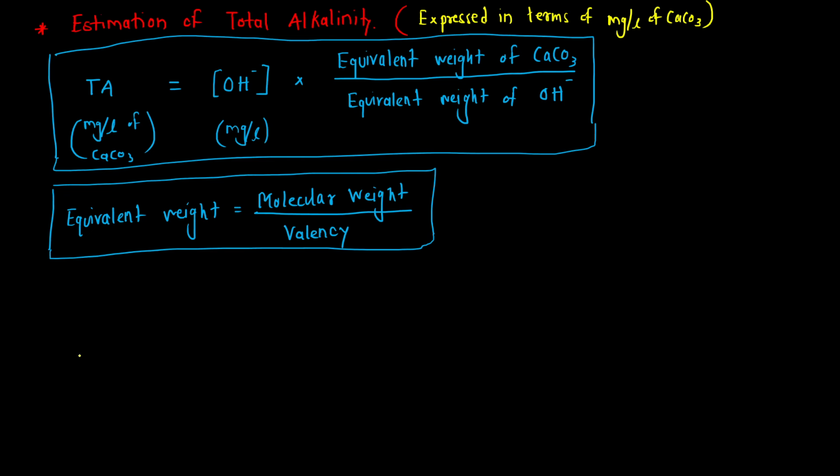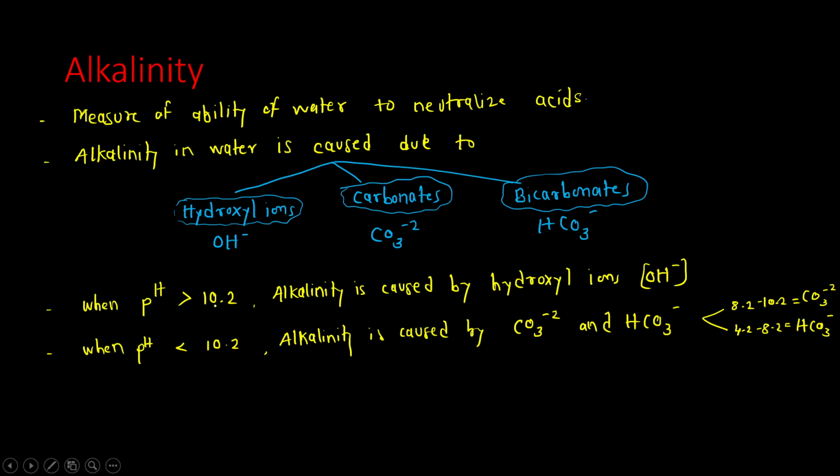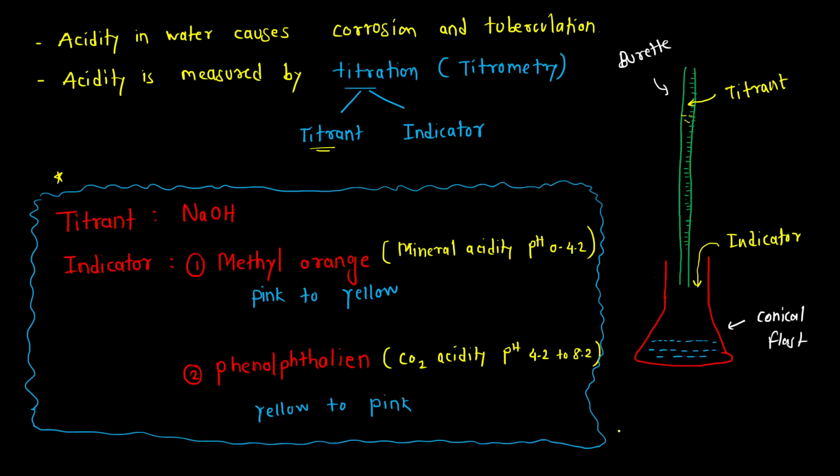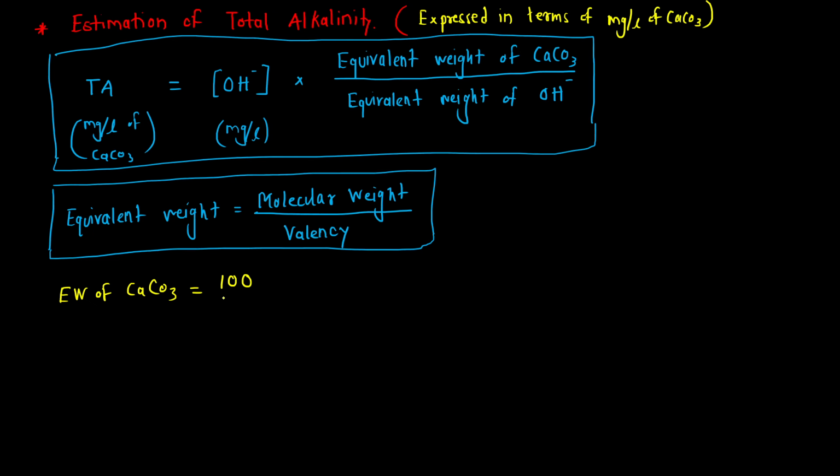So we'll find out what is the equivalent weight of CaCO3. It will be molecular weight of CaCO3. And what is the molecular weight of CaCO3? You have seen in the previous video, it is 100. So it is 100 divided by valency, which for calcium carbonate is 2.